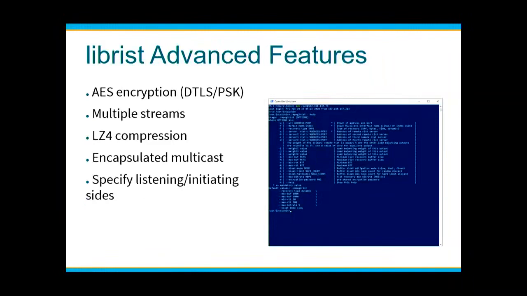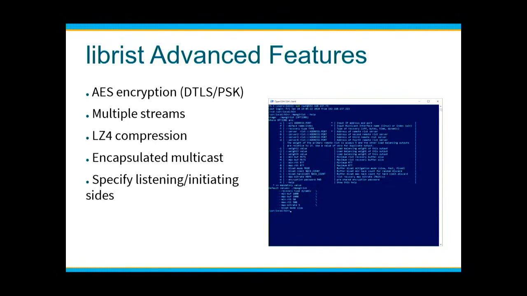So what are the more advanced features of the library? AES encryption, either DTLS or PSK. Right now, the current librist only supports PSK. Somebody wants to help out with DTLS, they're welcome. Multiple streams. We have an optional compression that is not part of the standard, but we found that it's effective in some streams.